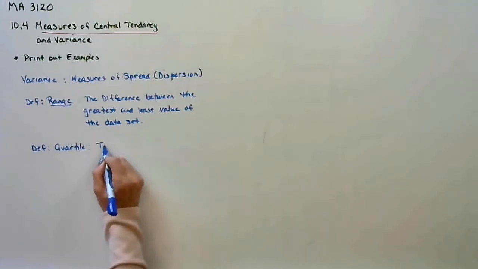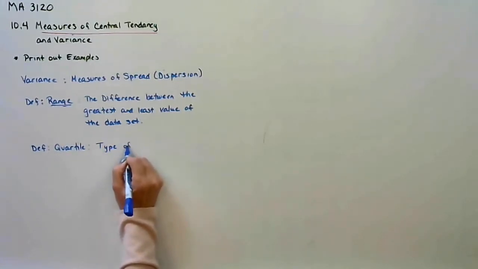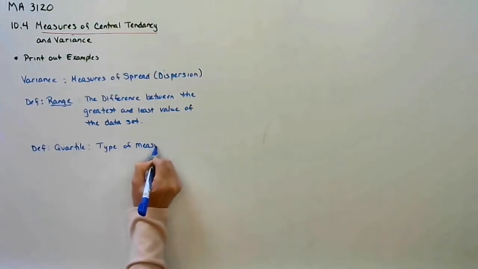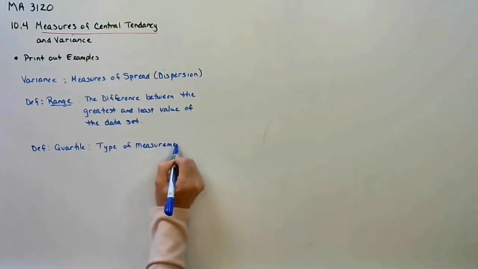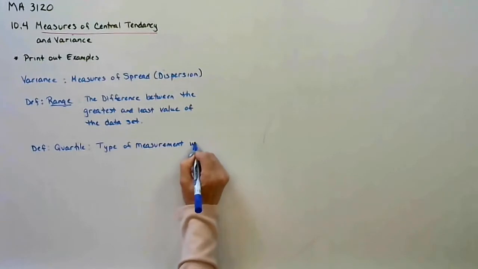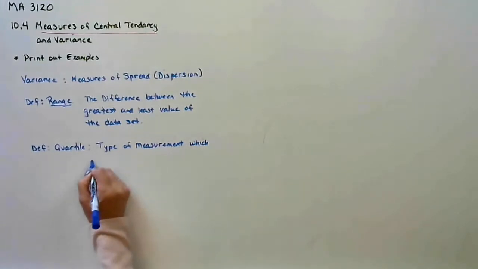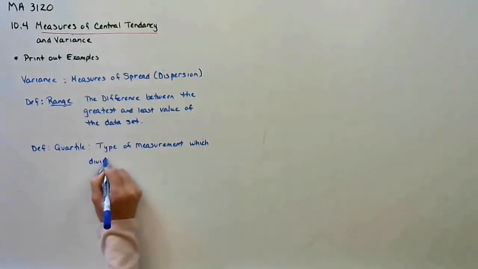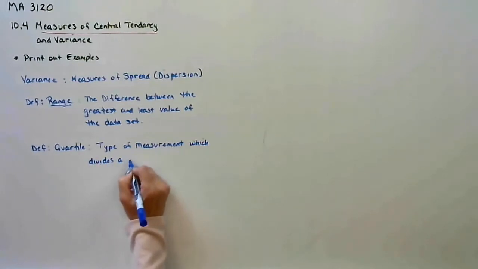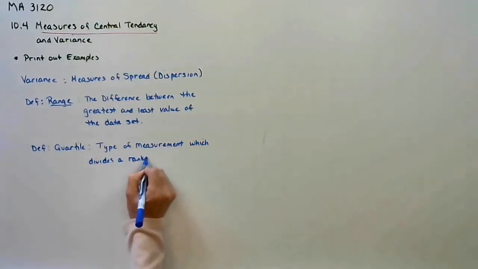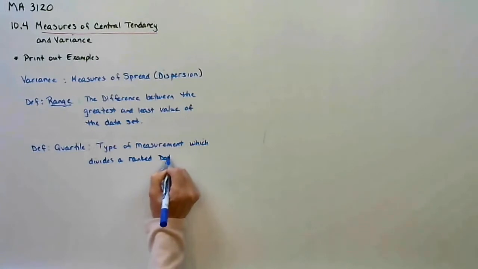So it's a type of measurement which divides, and I'm going to add something in here, divides a ranked data set, because you want to put them in order first.